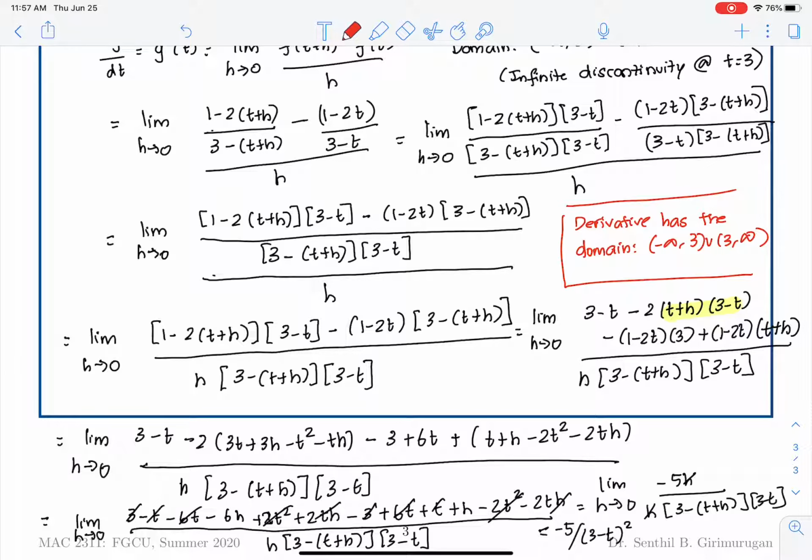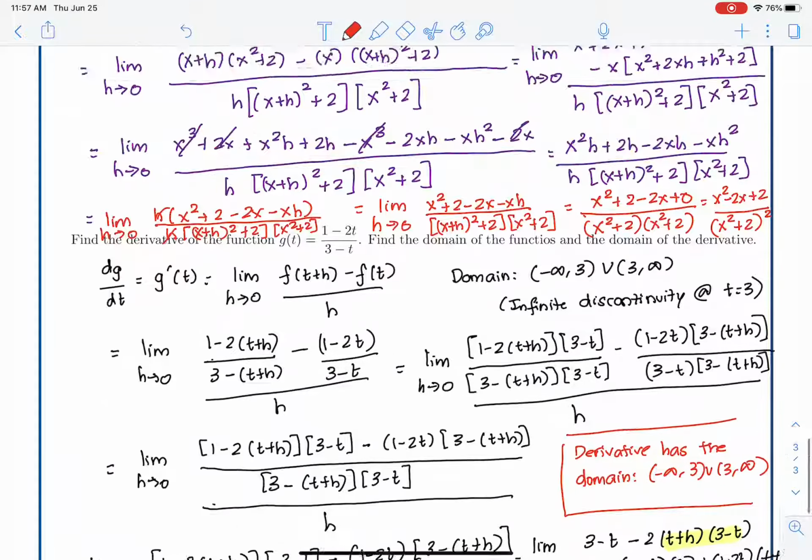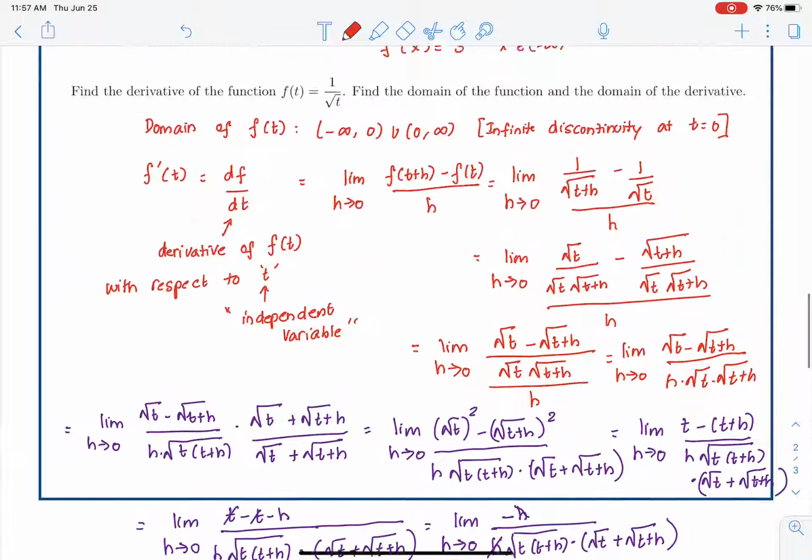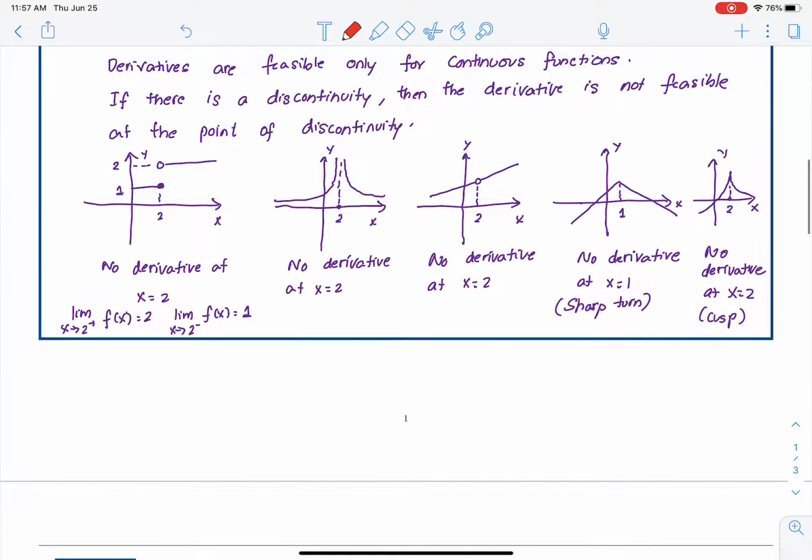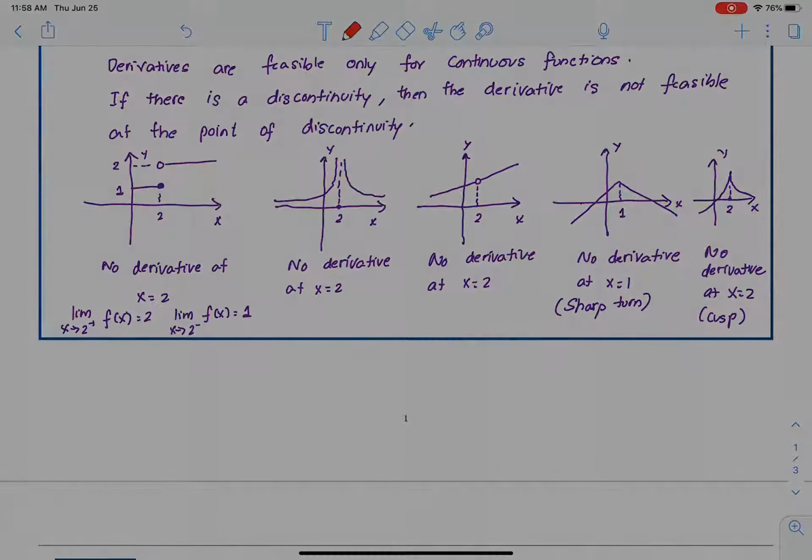But the key to remember here is the derivative of a function would be equal to the slope of the tangent line at every single point of the function, and if there is a discontinuity then the derivative cannot exist at that discontinuity. Also, if there is a sharp turn or a cusp of that sort, the derivative will not exist at that particular point.